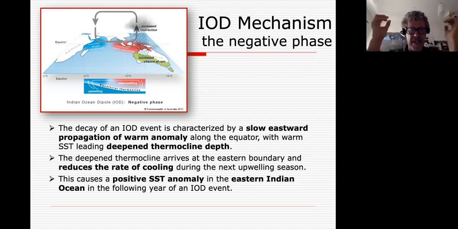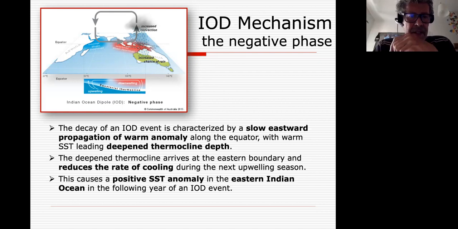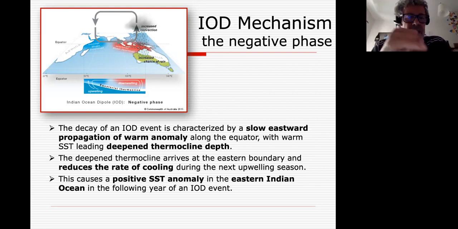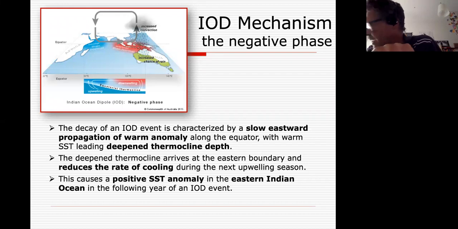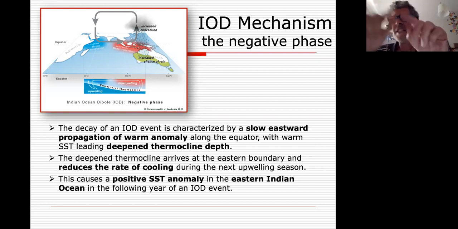And at the end of the day, we have a positive SST anomaly that is formed on the east side, and this creates again a situation in which wind reacts to the anomaly of surface temperature, but essentially in the opposite condition compared to the previous one.